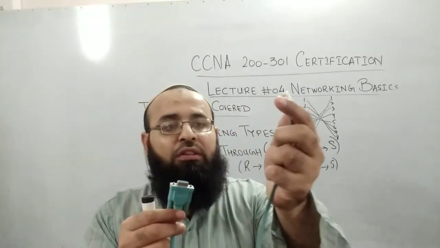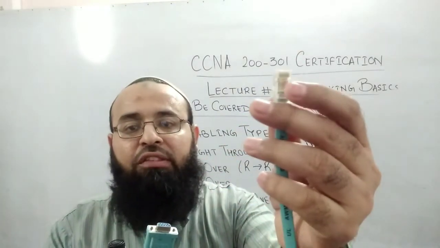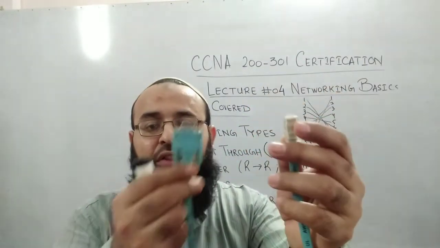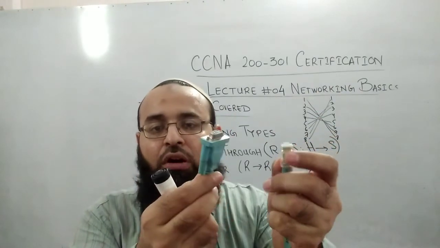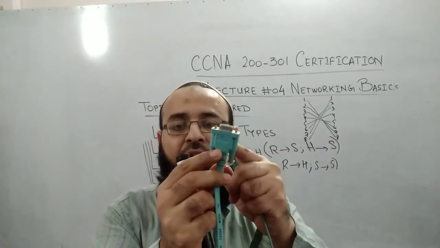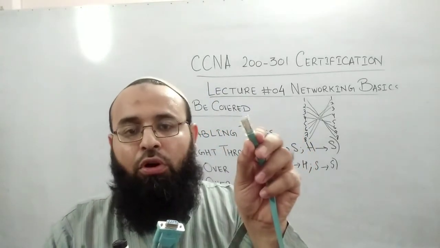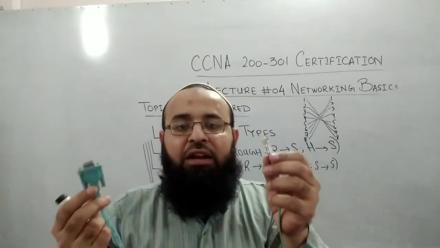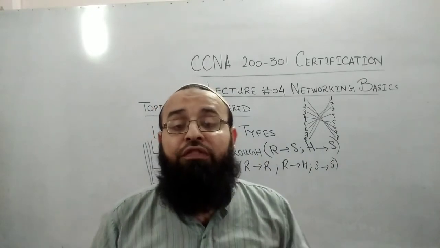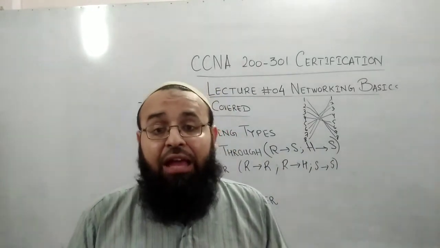You can see that one end is the RJ45 connector and the other end is the serial connector, because this serial connector will go into the laptop and this will be connected at the console port of the router or the switch, and then that laptop will be used for configuring the router, not for LAN traffic purposes.